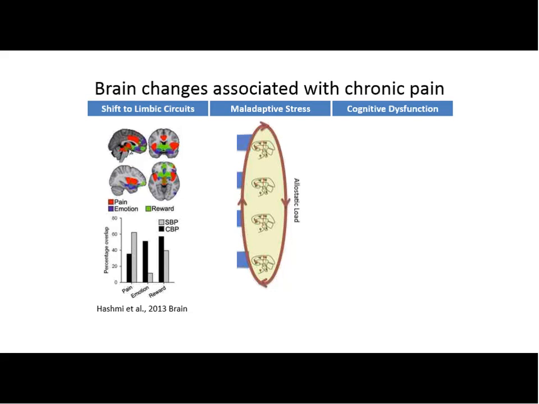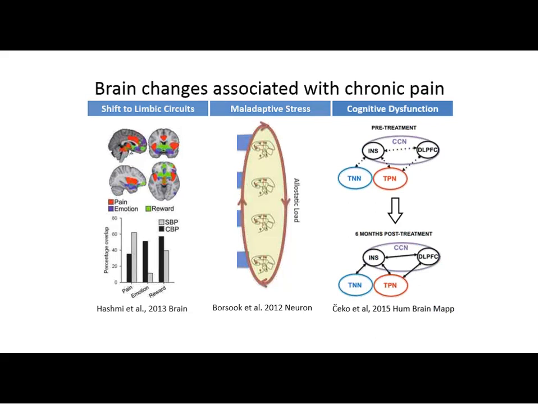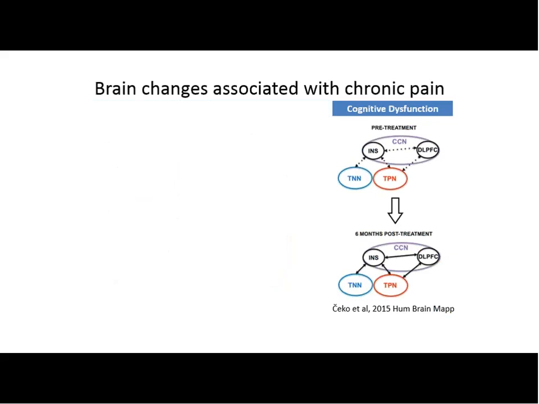There's also an involvement of maladaptive stress, so repetitive stress or inescapable stress situations can lead to a transition from acute to chronic pain. And we also see cognitive dysfunction, an area that's sort of close to my heart.